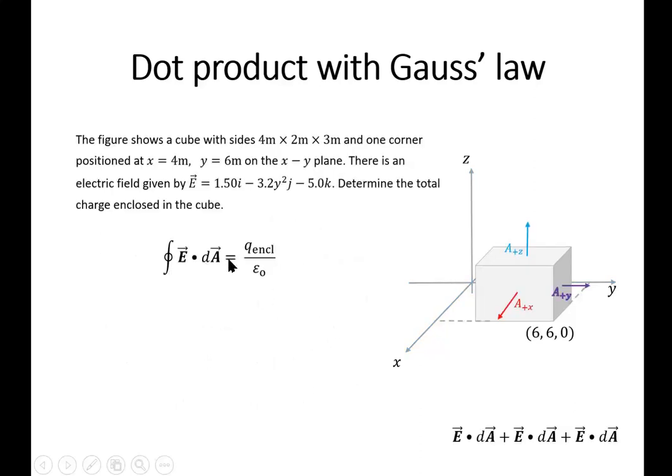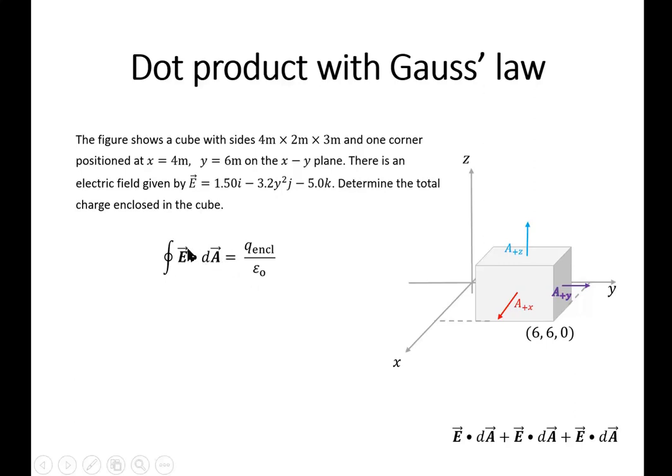We are going to use Gauss law, and let's state it again. It is the electric flux across a closed surface area, and that one must be equal to the total charge enclosed in that surface area divided by the permittivity of free space.